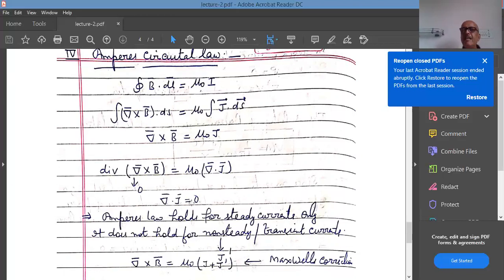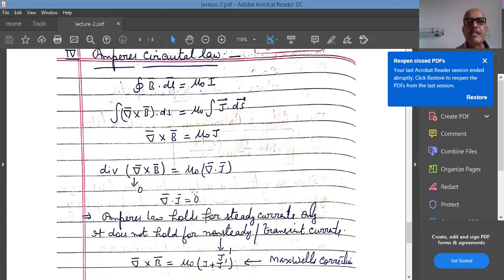Divergence of J equal to 0 means del Jx over del x plus del Jy over del y plus del Jz over del z is equal to 0.